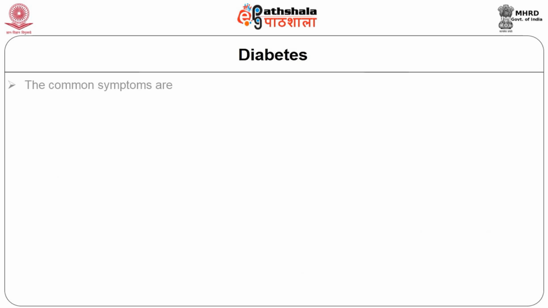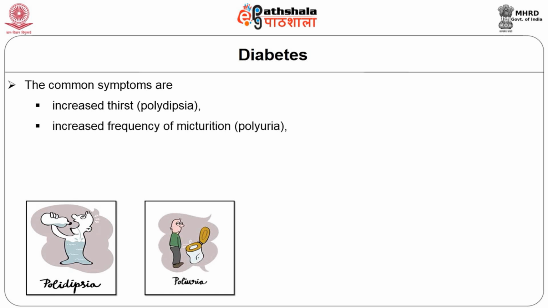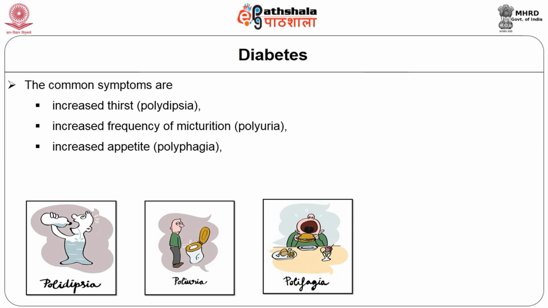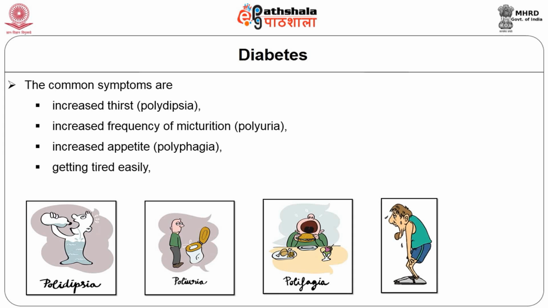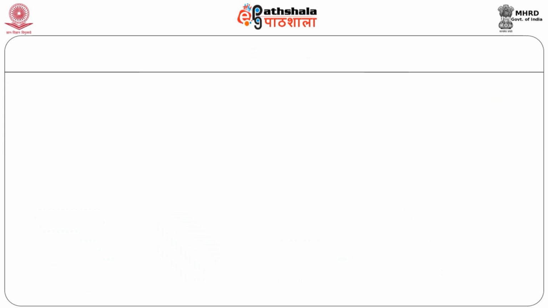Common symptoms that are helpful in, first of all, diagnosing the disease are polydipsia, increased thirst, increased frequency of micturition or polyuria, increased appetite or polyphagia, getting tired very easily, and loss of weight very rapidly.